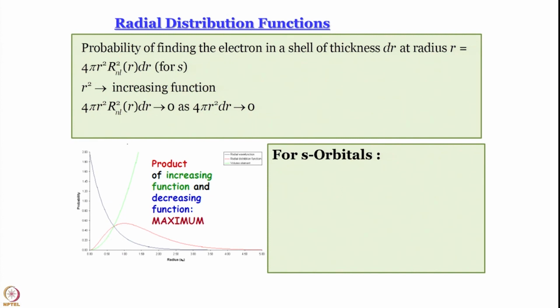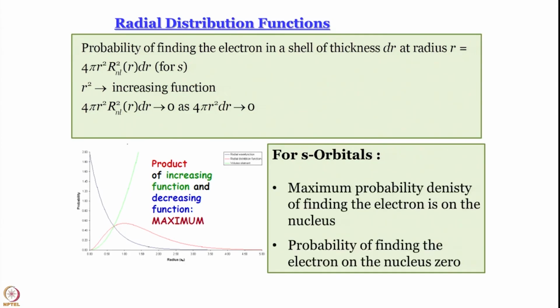For 2s orbital we are going to get a little more interesting plot. So, for s orbitals, the maximum probability density of finding the electron is on the nucleus, no doubt, but the probability of finding the electron on the nucleus is actually 0. Why? Because the volume of that element is actually equal to 0.